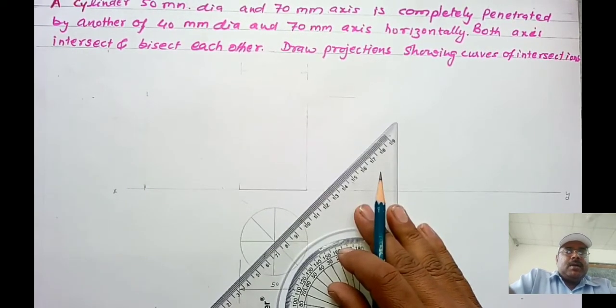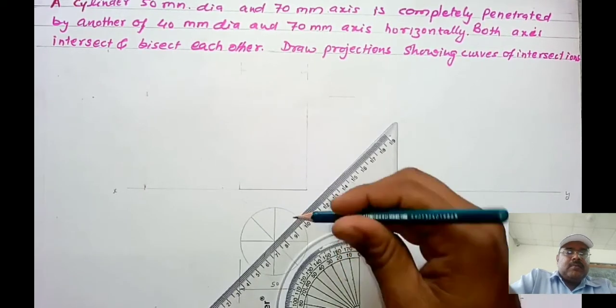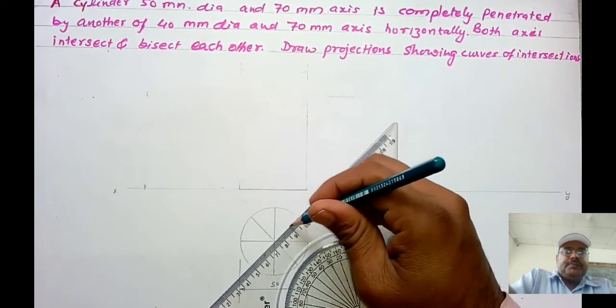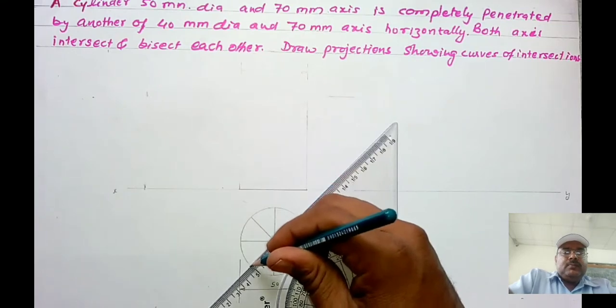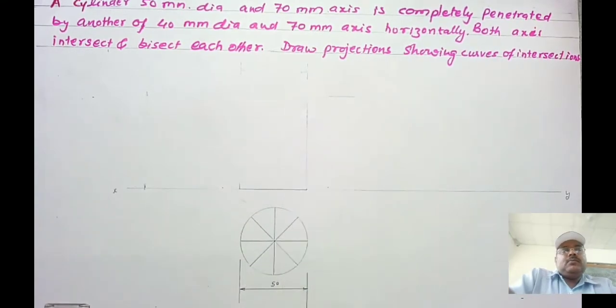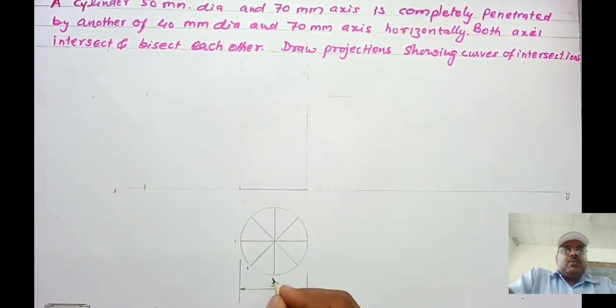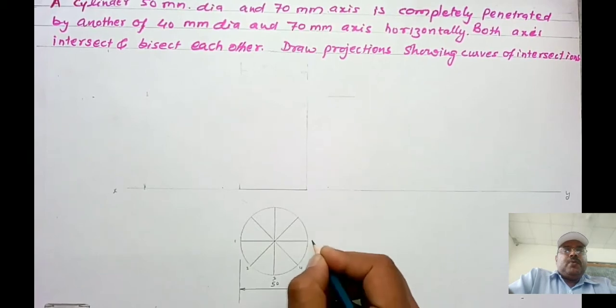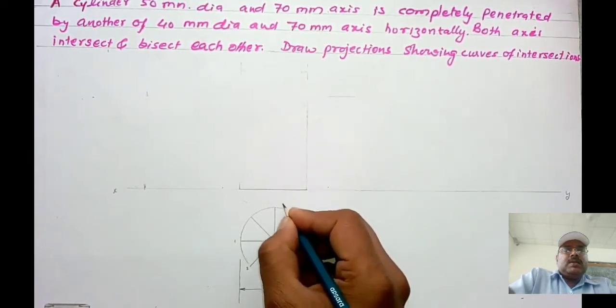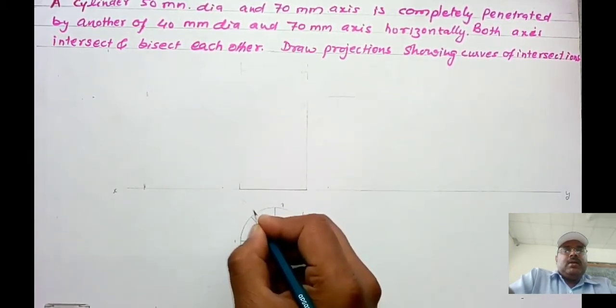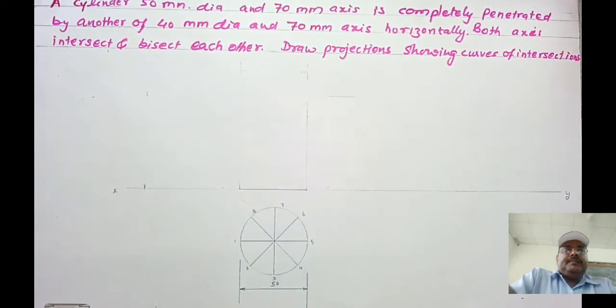Automatically we get the 8 equal parts of the circle. Name these parts 1, 2, 3, 4, 5, 6, 7 and 8. So this is the top view of the cylinder.